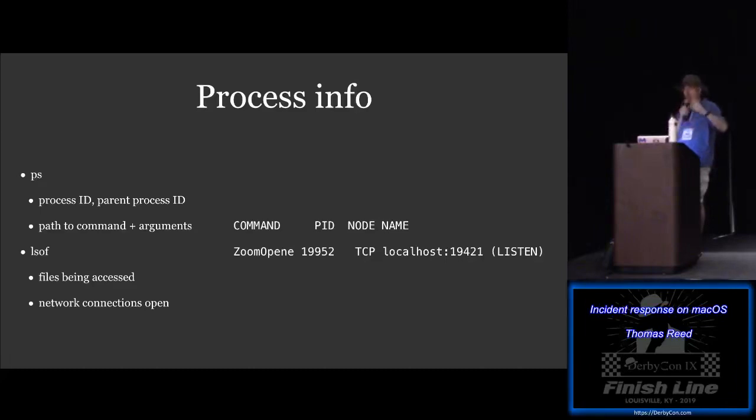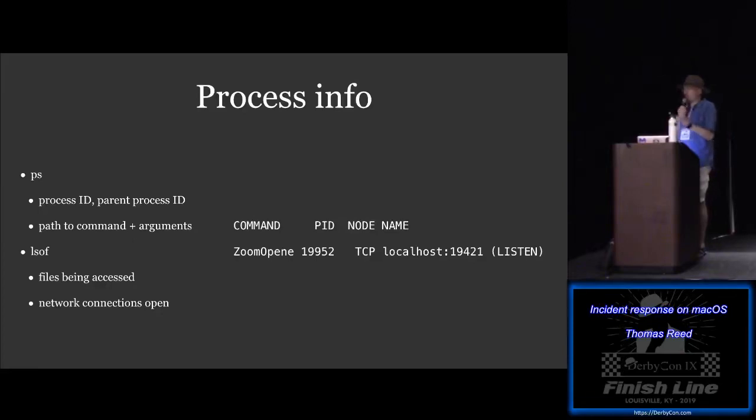So you can use that to build a chain of the process calls: this malware process has called this other one, which lets you connect some dots. And then lsof lets you see things like what files have been accessed or are being accessed by the malware, what network connections are open or being attempted, all kinds of good information like that. This is really key information.